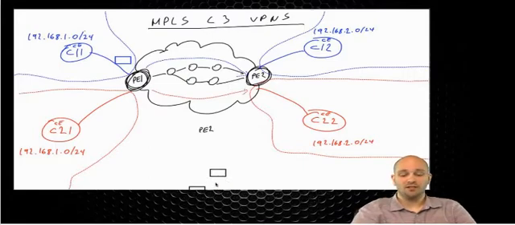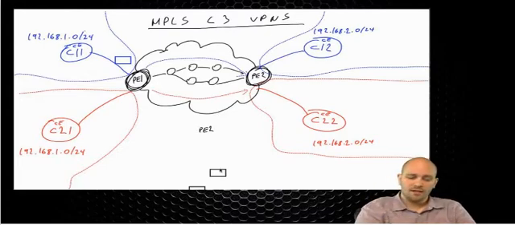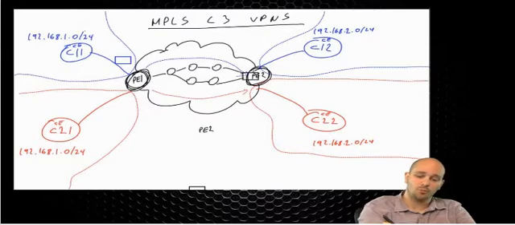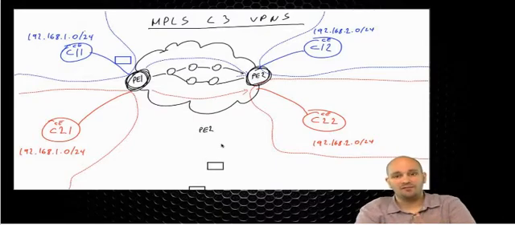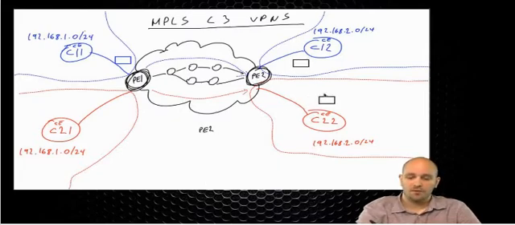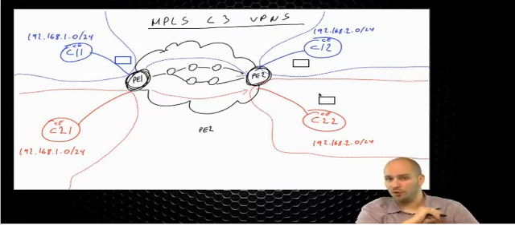So one thing that we have done with MPLS, MPLS alone can solve the problem of getting the traffic from PE1 to PE2. But now we have the problem of how do we sort the blue traffic into the blue domain and how do we sort the red traffic into the red domain. That's problem number one. That's the problem of the forwarding plane for MPLS VPNs.